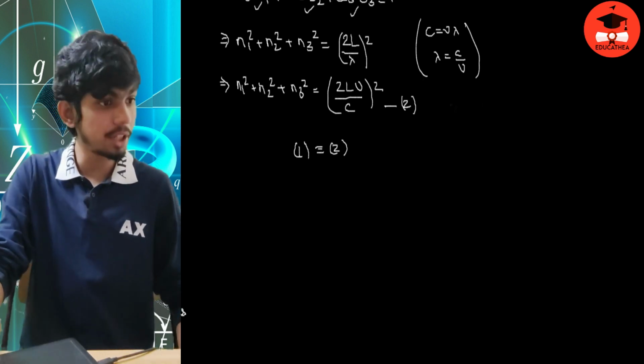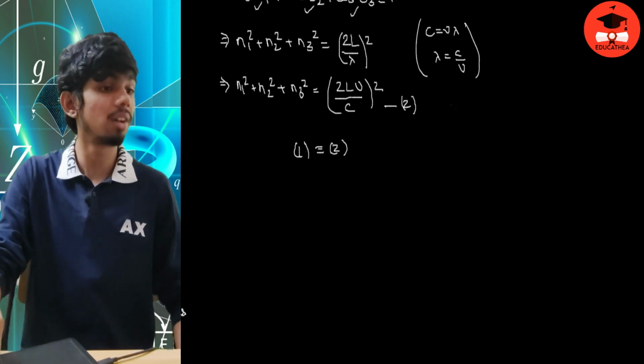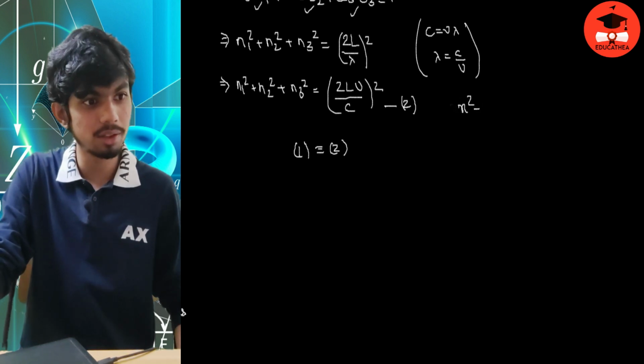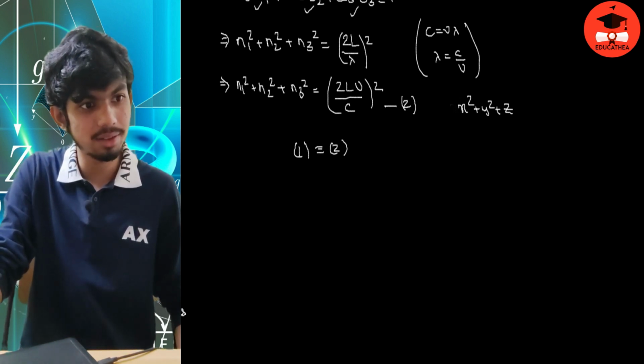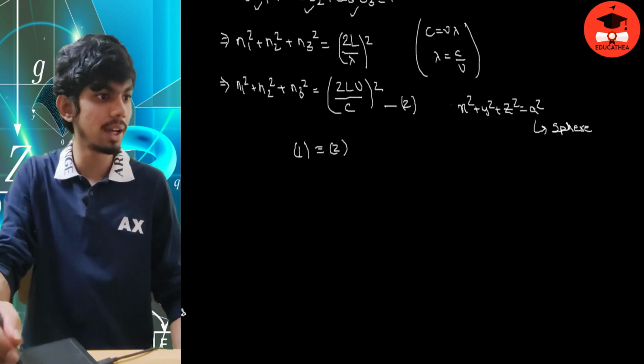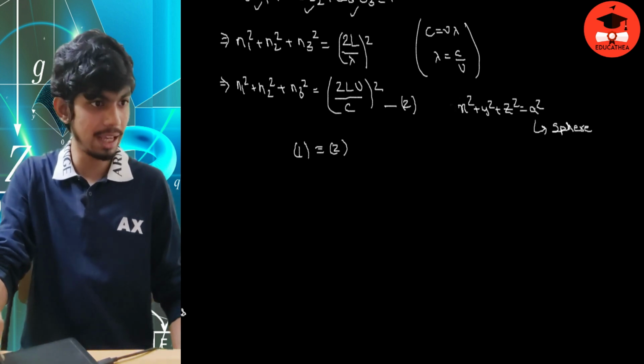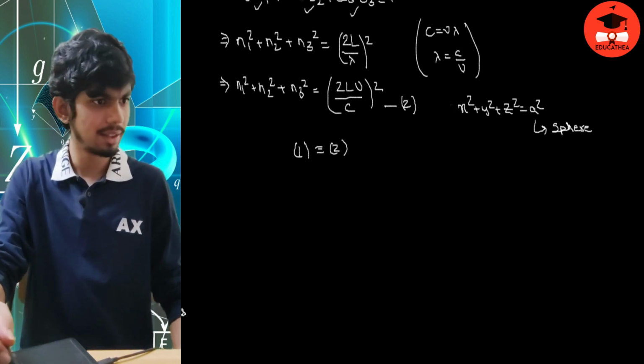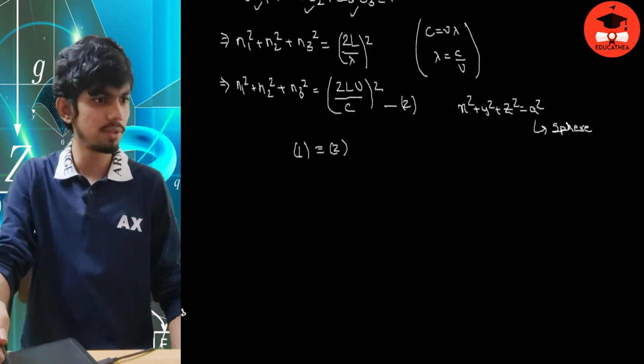Now you see that this expression is basically the equation for a sphere. x square plus y square plus z square is equal to a square. This is what a sphere looks like. If you replace x, y, z by n1, n2 and n3 and a by this 2L nu by c, then this is exactly the equation for a sphere.